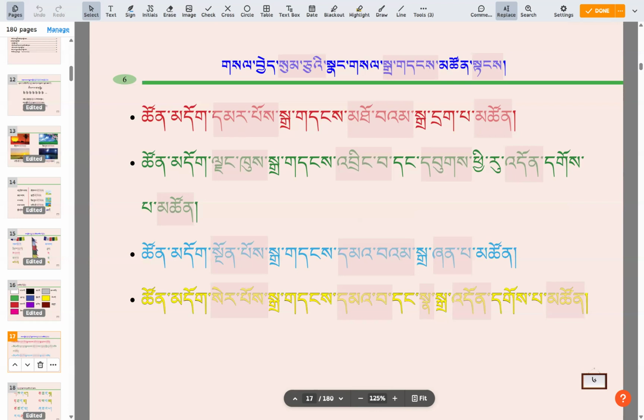Okay, so here we're talking a little bit about how the different tones and sounds are represented. So the consonants, you'll see when we're showing the 30 consonants, the red ones have a higher pitch or a louder sound.